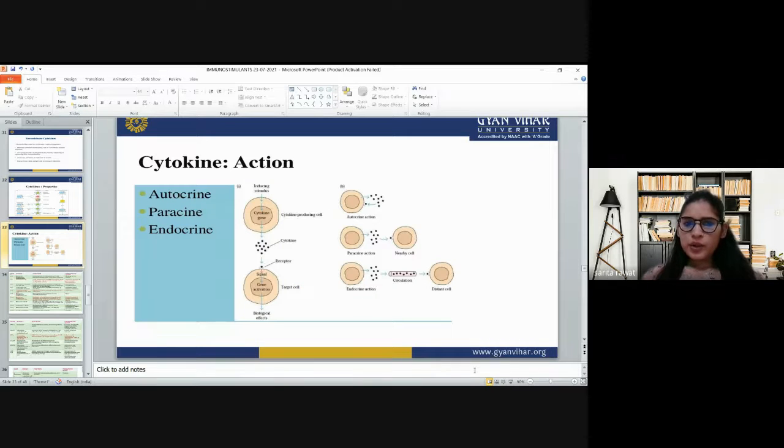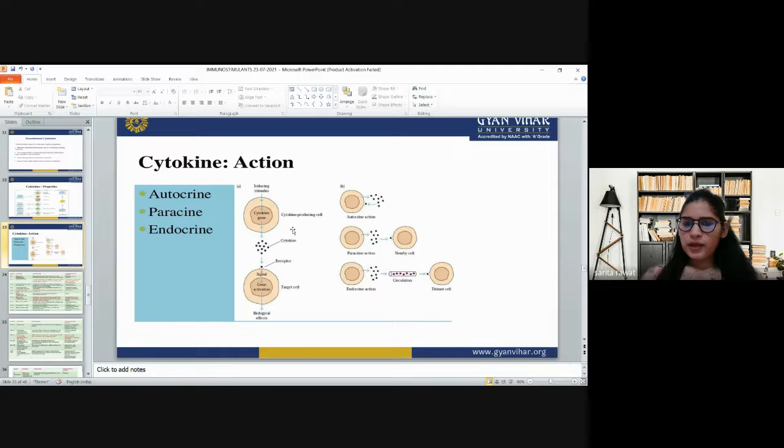Now the cytokine actions. As you can see in this picture, it has the actions of autocrine, paracrine, and endocrine. Firstly, it induces and stimulates the cytokine gene, which calls the cytokine producing cells.